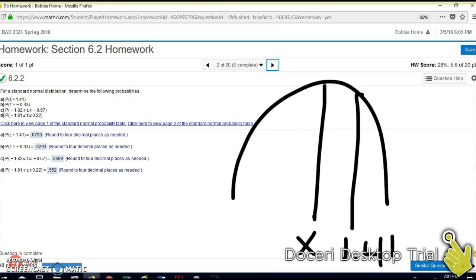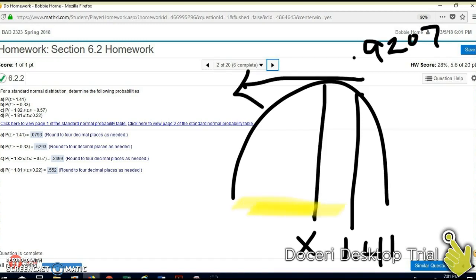I believe it's 0.9207 is what you'll get. Now, that's the probability of it being less than or equal to. Okay, that's all of this. But we want the probability that it's greater than that.